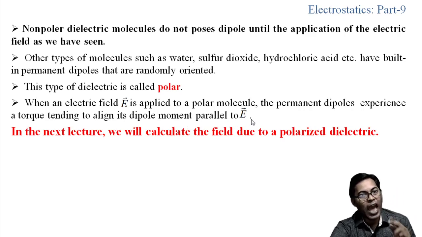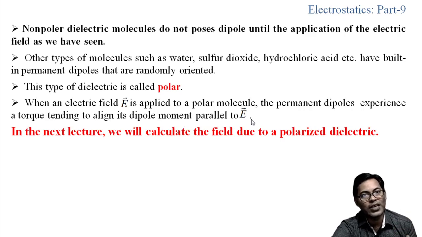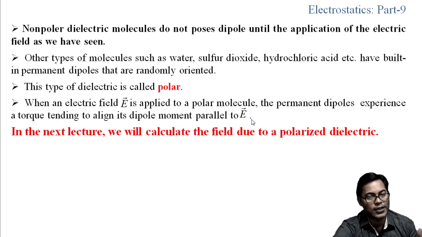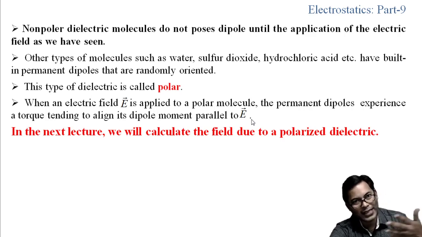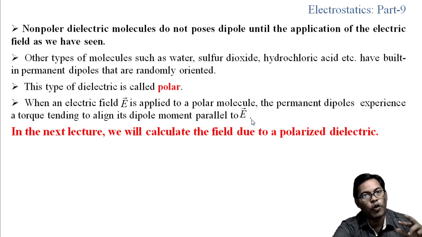So we have two types of dielectrics. One is non-polar dielectrics, another is polar dielectrics. In non-polar dielectrics, there are no permanent dipoles, but when we apply the external electric field, a dipole is formed and the material becomes polarized.